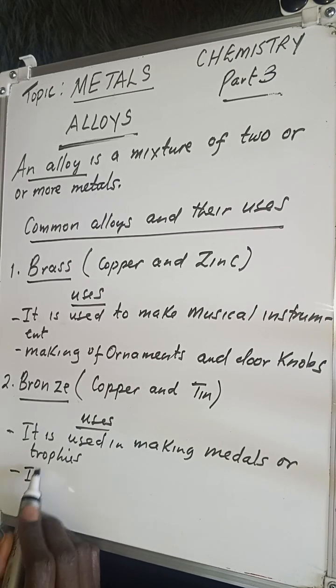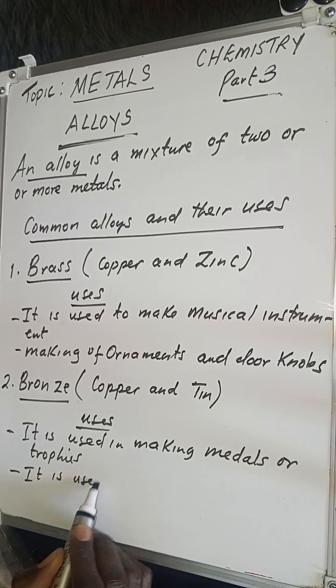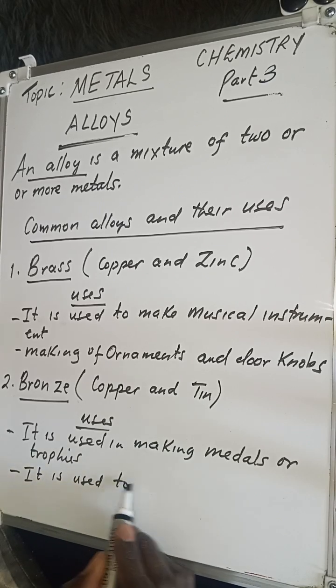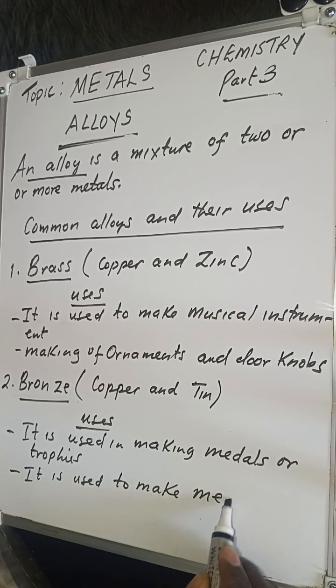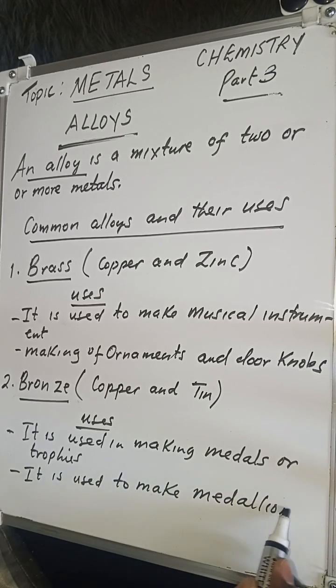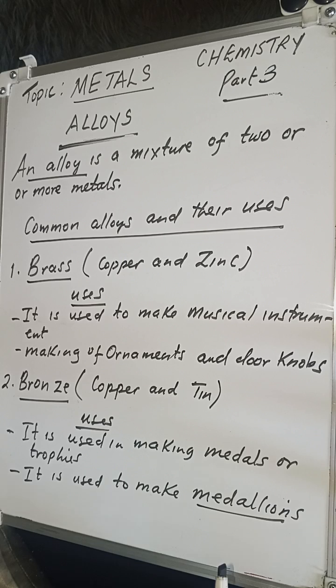Apart from that, we can simply say it is used to make medallions. So it can also be used in making medallions, precious items, so to say, that you are able to use.